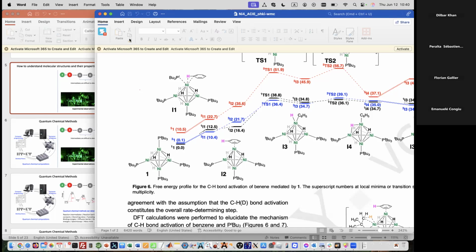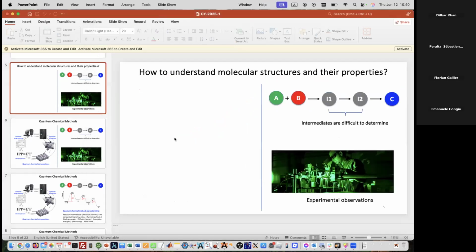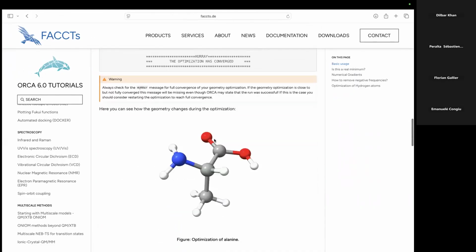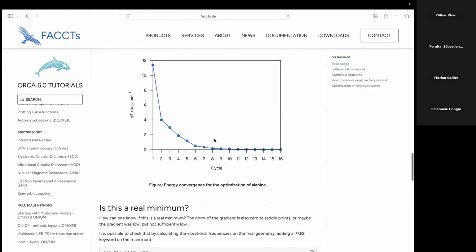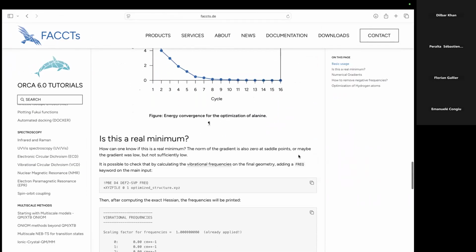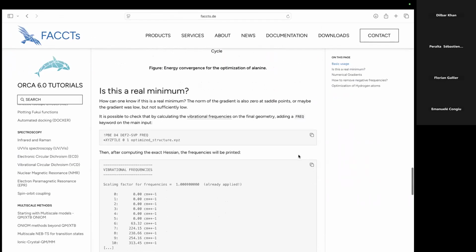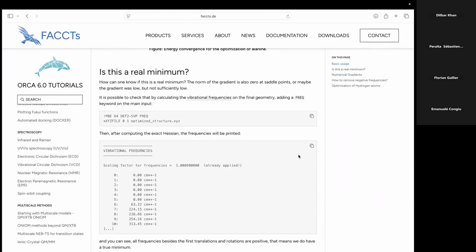Okay, let's go back to the tutorial because we should move to the next step. Now you can see simple optimization, and you can do it very quickly for this molecular system. The next step is to make sure that this is really a minimum.